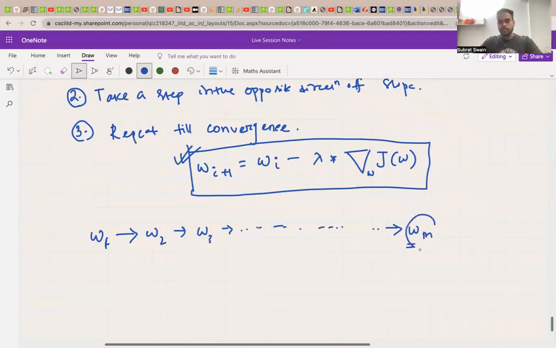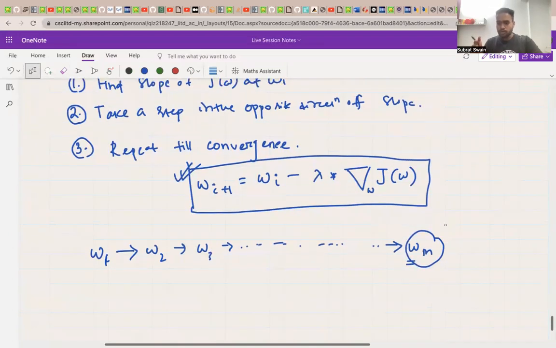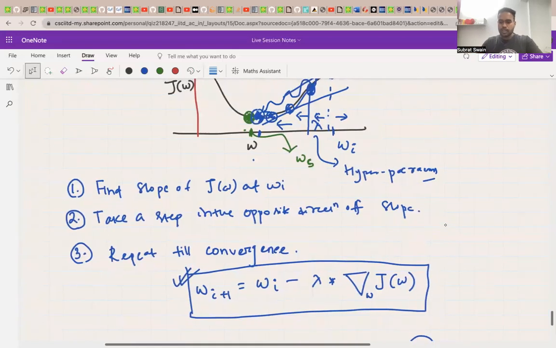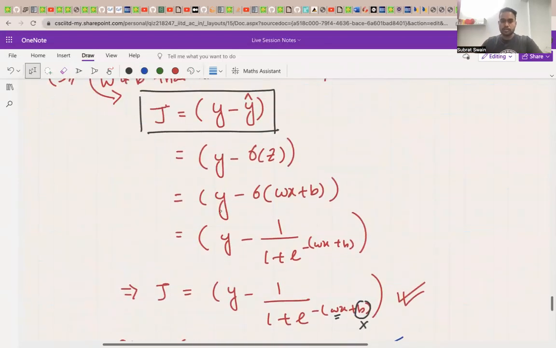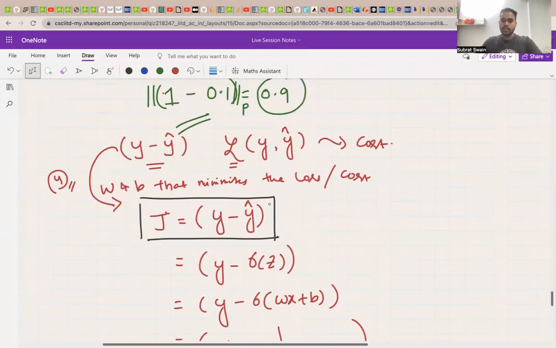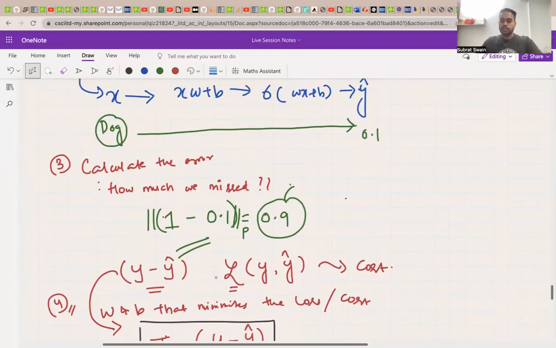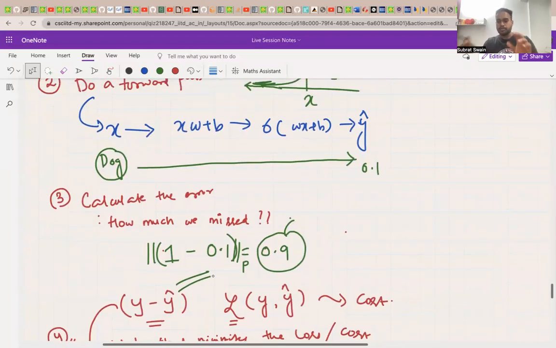After this, wm will be the w where the loss is minimum, that is, the difference between y and y hat is minimum, meaning the function you are trying to approximate is near.